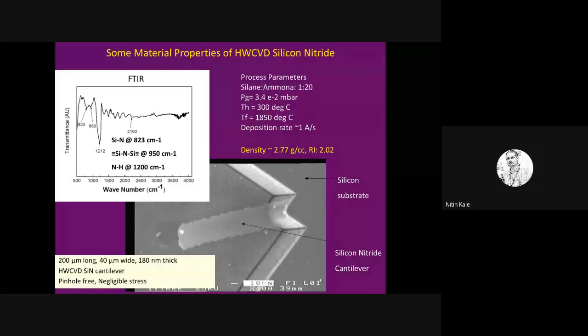I can see if I can do a micromachining. Now, see, this is the world's first hot wire CVD silicon nitride cantilever. So you deposit the silicon nitride on a silicon wafer, you etch the silicon nitride, and then you etch the silicon in bulk, that is, beneath. You have protected the silicon nitride here, so this remains suspended. So that's how you make a silicon nitride cantilever.